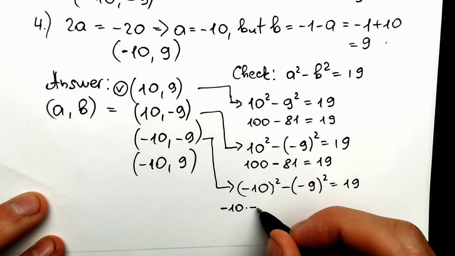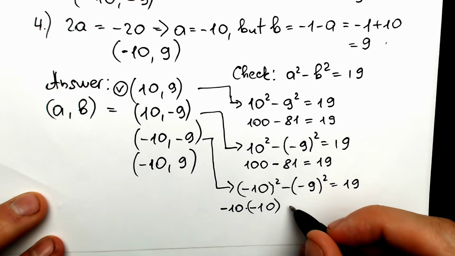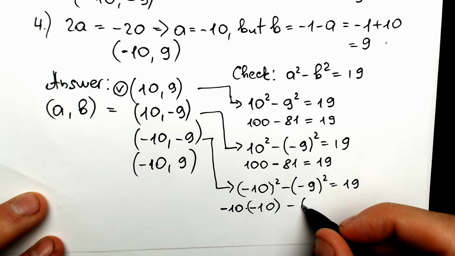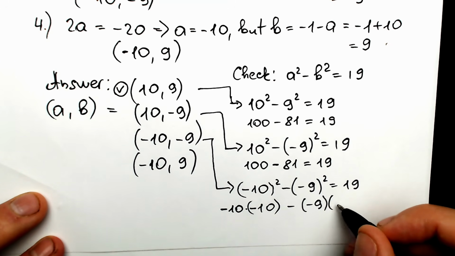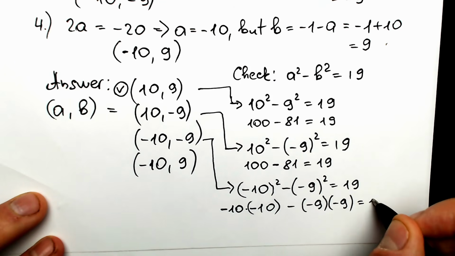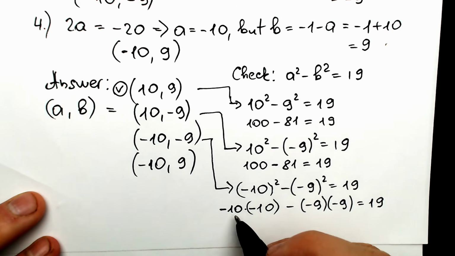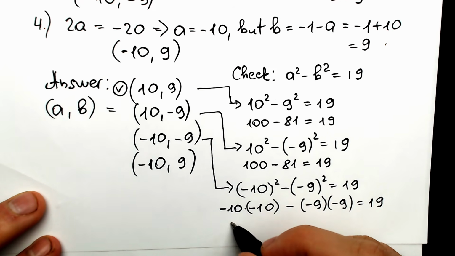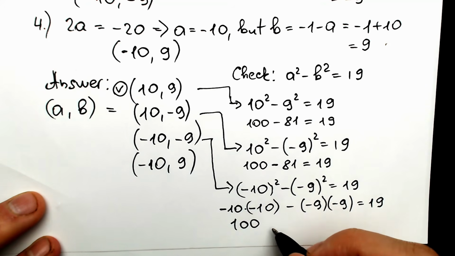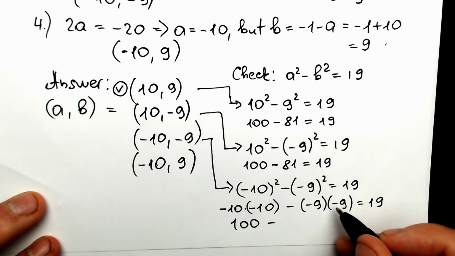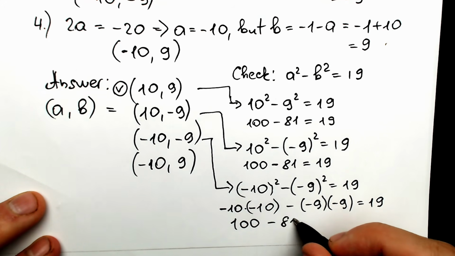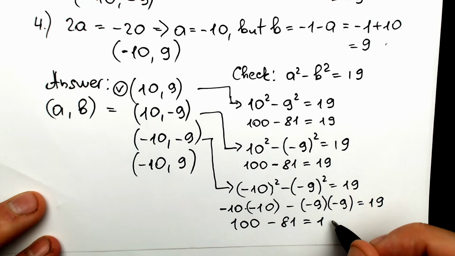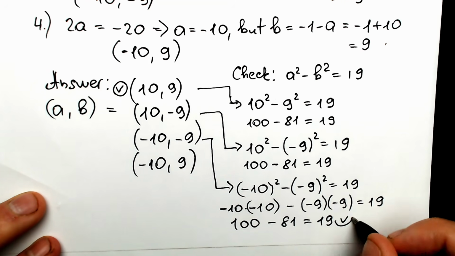We have right here 100 minus, right here we have minus 9 times minus 9. So if you don't understand why it's all the time positive, we have minus 10 times minus 10 equal to 100 right here, minus, and minus 9 times minus 9 equal to 81. So basically we have absolutely the same expression all the time.